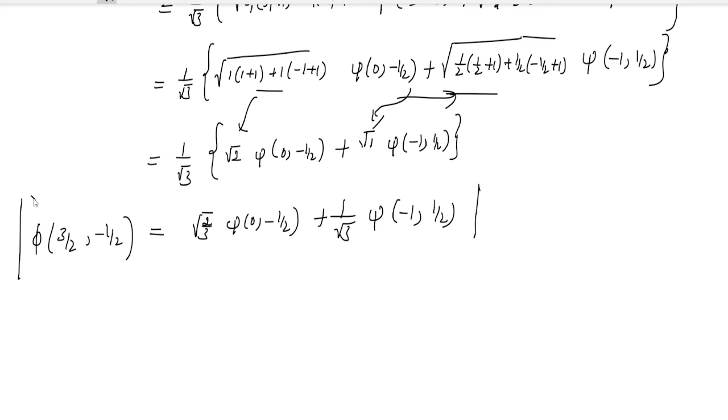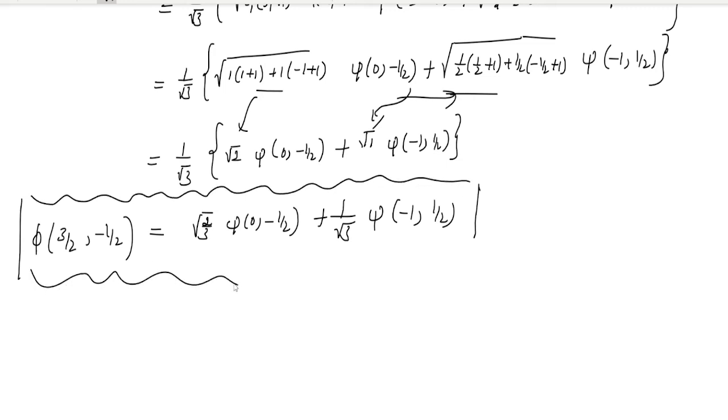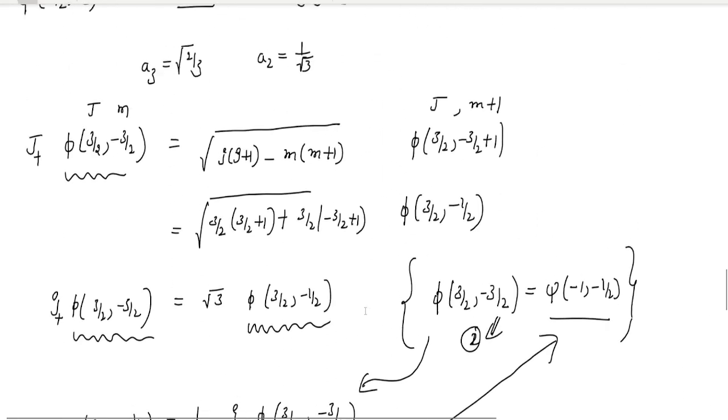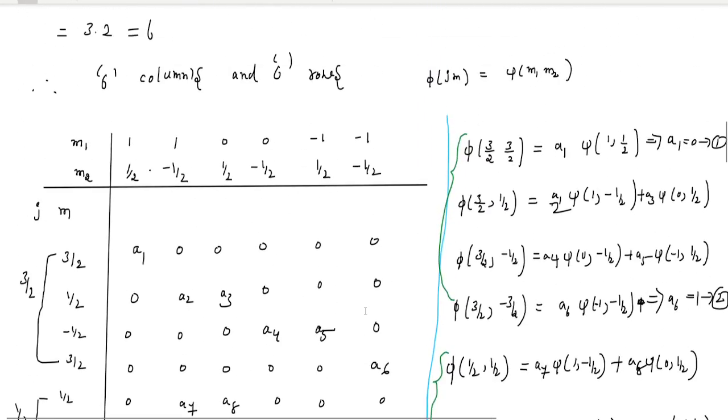So try to compare our equation, the CG coefficient equation. So this is our CG coefficient equation, A3, A4 and A5: pi 3 divided by 2 minus 1 by 2, A4 psi 0 minus 1 divided by 2 and A5 minus 1 1 divided by 2.